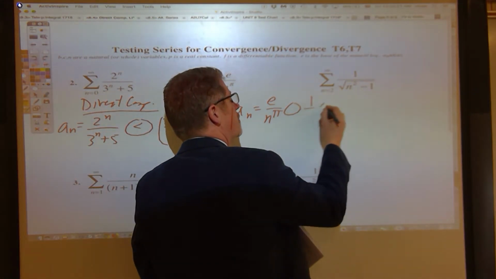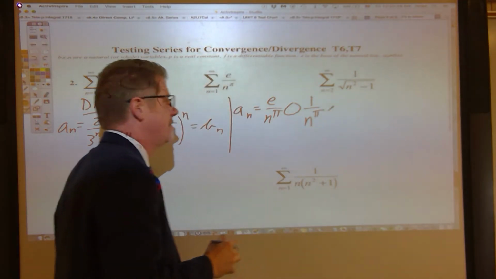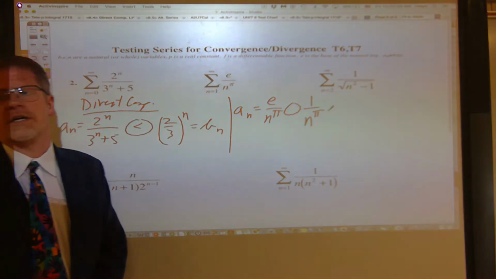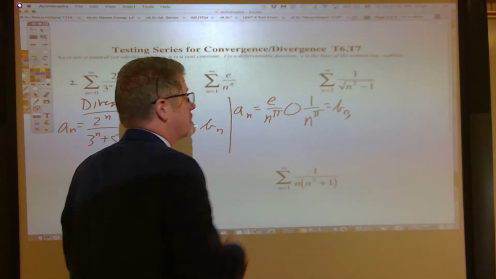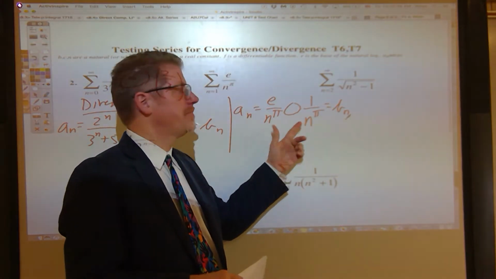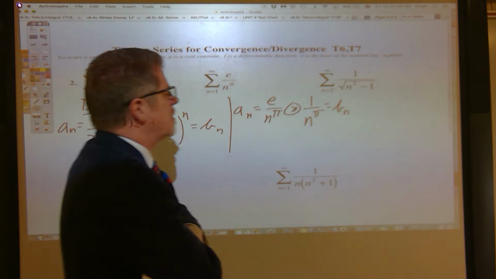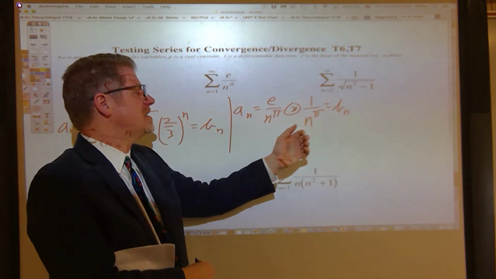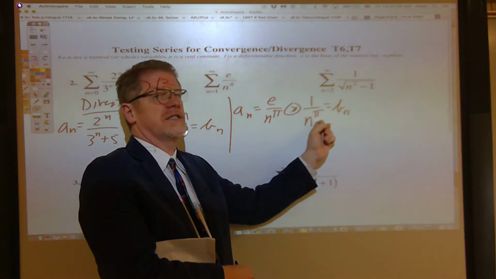What do you think about comparing it to 1 over n to the pi? Sometimes you have to just find something, and I'll give you a conclusion. Would this be greater than or less than, by the way? Yeah, it's got to be greater than. And so it's bigger than this. By the way, what is 1 over n to the pi?